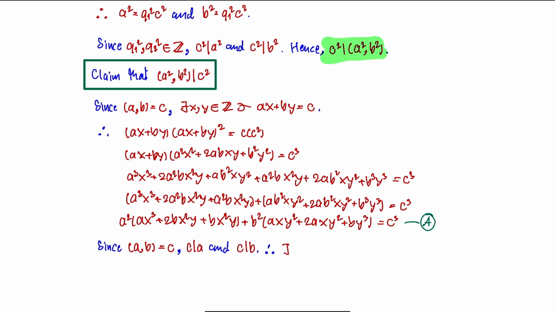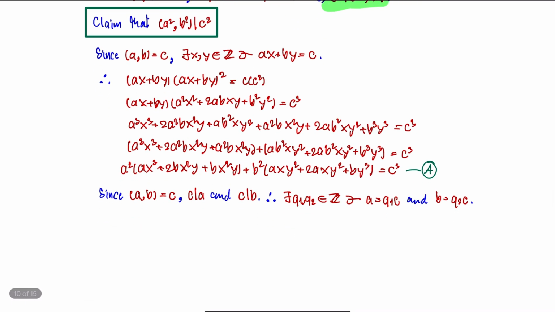By divisibility, we're going to have q1, q2 being integers such that a equals q1c and b equals q2c.